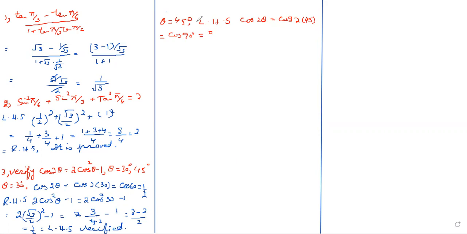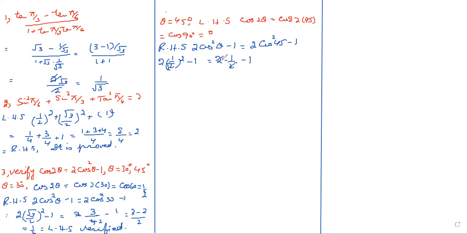Now go to the right hand side. So the right hand side is 2 cosine square theta minus 1, equals 2 times cosine square 45 minus 1, which equals 2 times cosine 45 is 1 over root 2 squared, minus 1, which equals 2 times 1 over 2 minus 1.